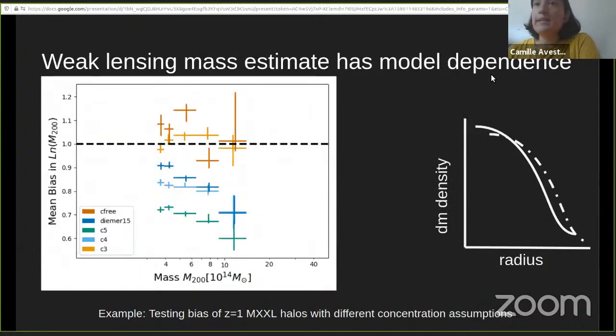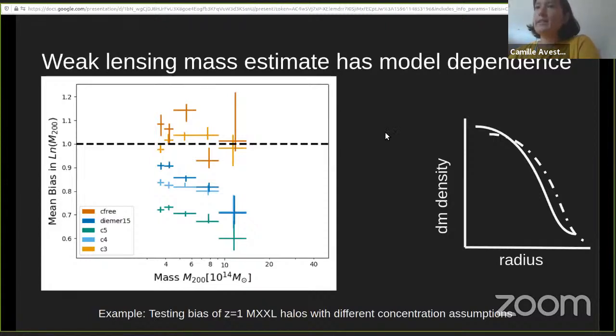The thing is, weak lensing mass estimates have a model dependence. So this is just an example of testing some MXXL halos with different concentration examples. Like the Diemer-Kravtsov 2015 concentration-mass relation, set concentration to c equals 5, 4, and 3. You'll notice that this actually has a very systematic effect on what weak lensing mass gets popped out. So this is the weak lensing mean bias as a function of mass for each of these.